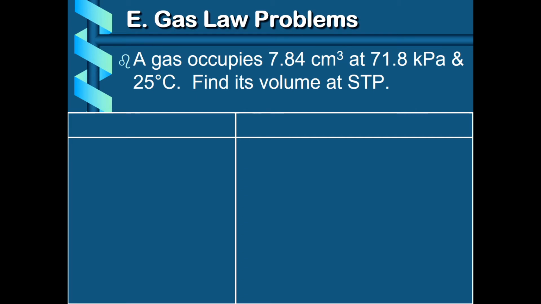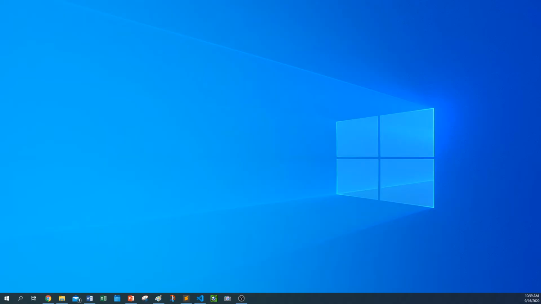We know standard temperature and pressure. So we're looking for final volume. The standard pressure, P2, is equal to 1 atmosphere, which is also equal to 101.325 kilopascals. Oh, and sorry, forgot that y'all couldn't see.